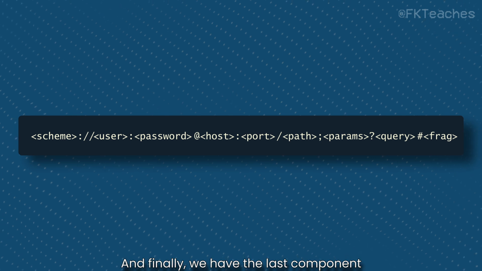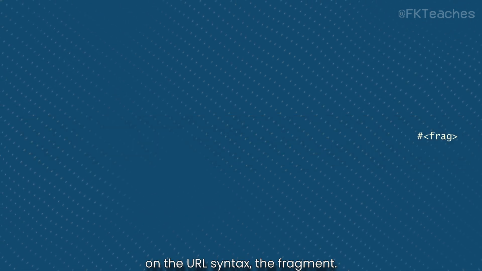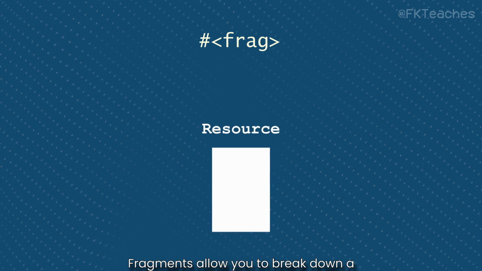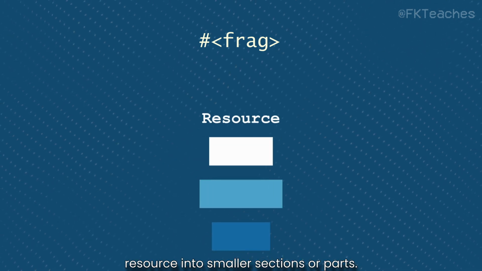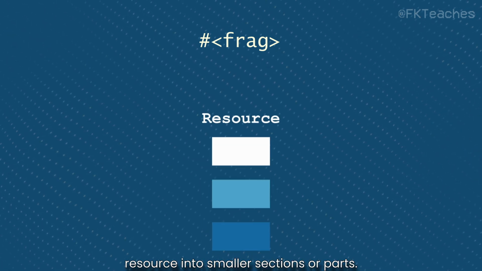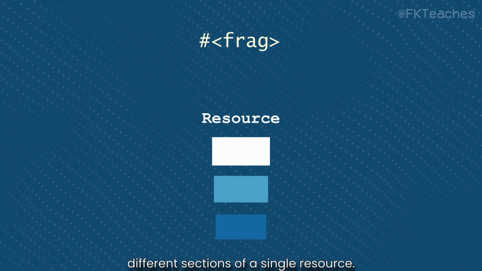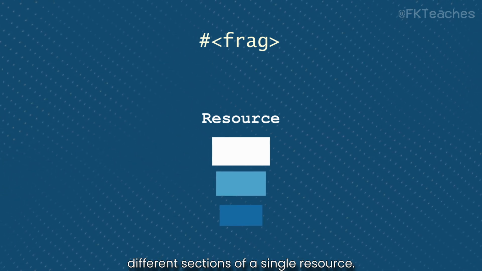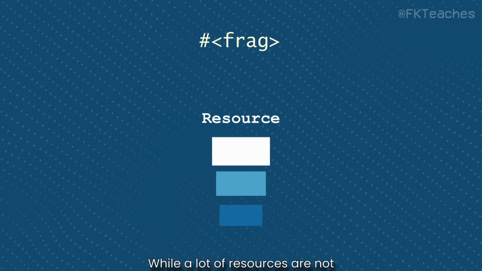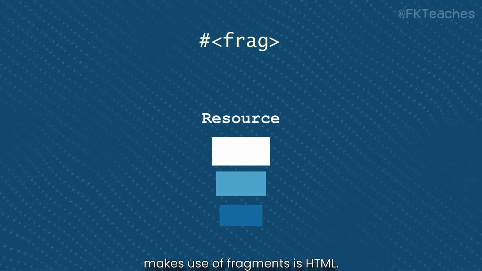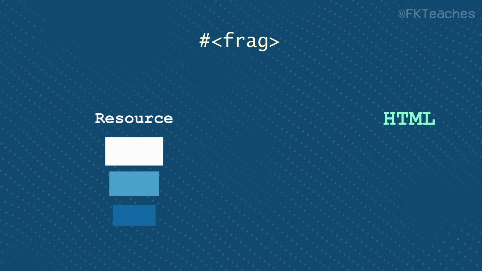And finally, we have the last component on the URL syntax, the fragment. Fragments allow you to break down a resource into smaller sections or parts. This allows a client to jump between different sections of a single resource. While a lot of resources are not supported, a very common resource that makes use of fragments is HTML.